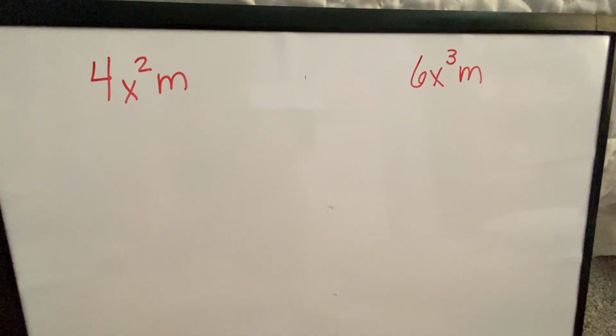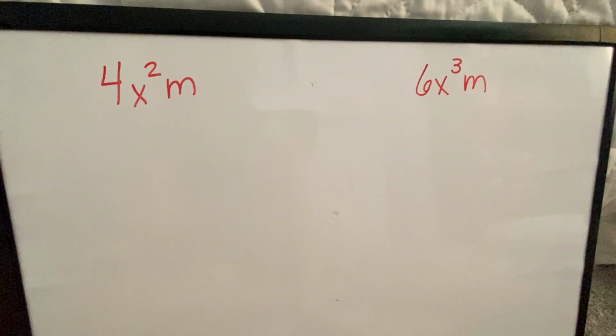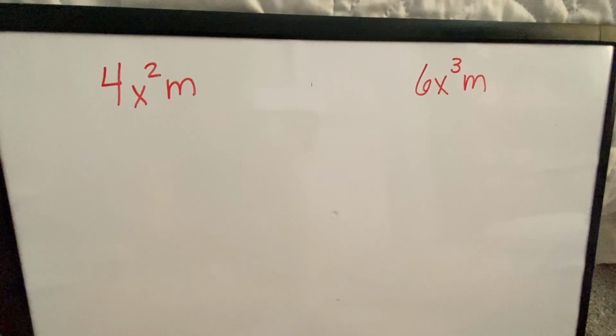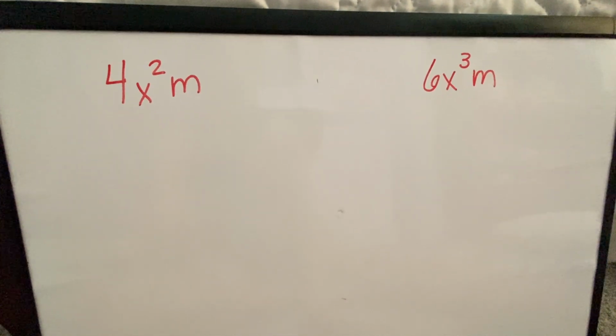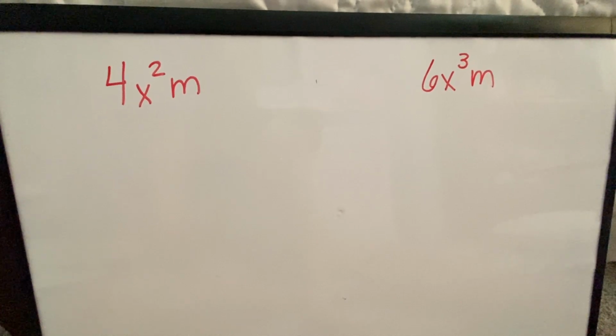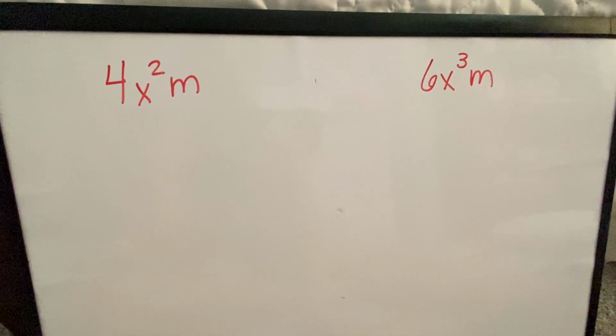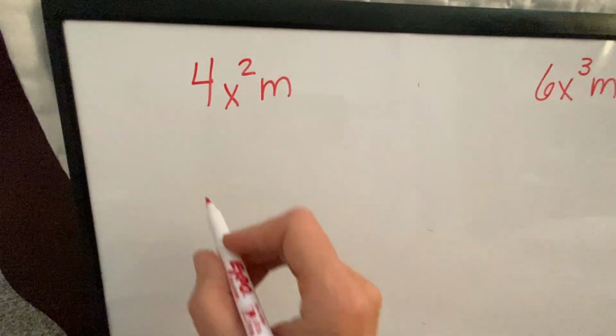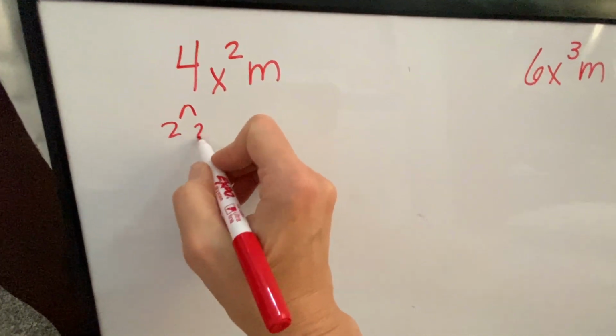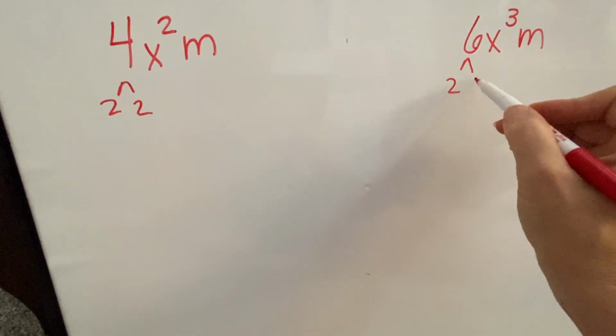Okay, one last example. This is example 43.5 in your book on page 174. We've got 4x squared m and 6x cubed m. Okay, and we need to find the least common multiple. So I'm going to prime factor our 4 and our 6 and say, well, this is 2 and 2. This is 2 and 3.